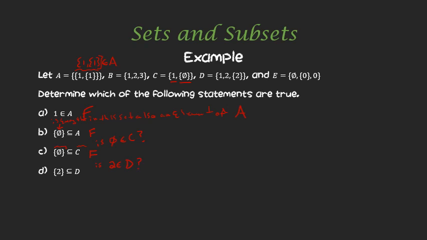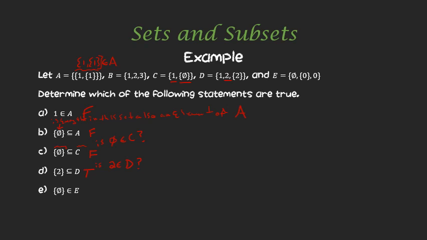So we'll go over to D and analyze D. D is this set that contains the number 1, 2, and the set containing 2. So does D contain the element 2? Yeah, it's right here, sitting right inside D as an element. And so this one is true. Every element of the set containing 2 is an element of D.